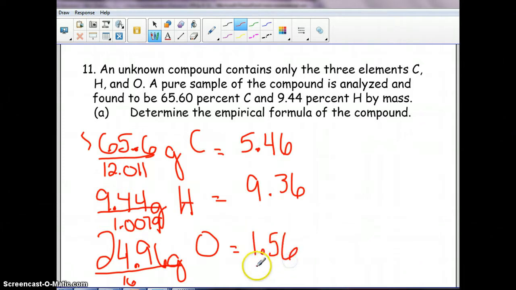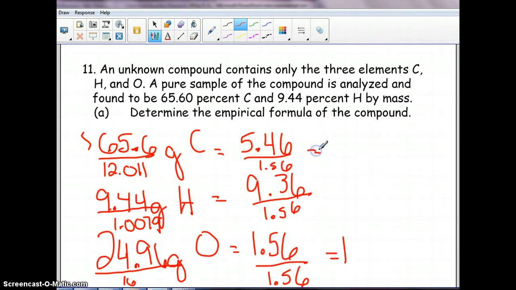All right, and then we would divide by the smallest, which is 1.56. This one's easy, it's 1. All right, and we're going to plug these in. So we got 5.46 divided by 1.56. That's 3.5, and 9.36 divided by 1.56 is 6.